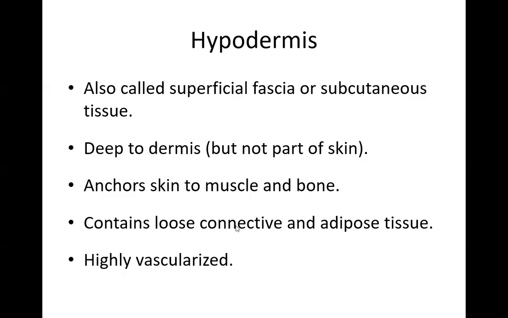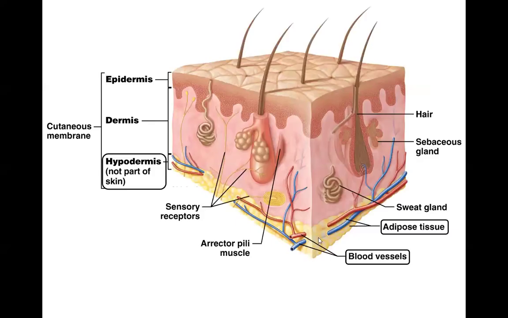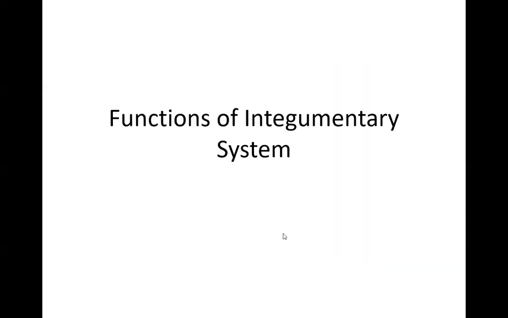They contain loose connective and adipose tissue. They are highly vascularized. So it's very important to know that the hypodermis is the subcutaneous tissue, and has a lot of adipose fat tissue. You see, that's the adipose fat tissue, and these are the blood vessels.